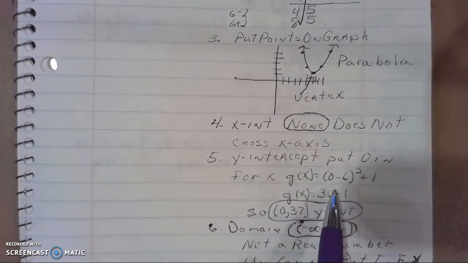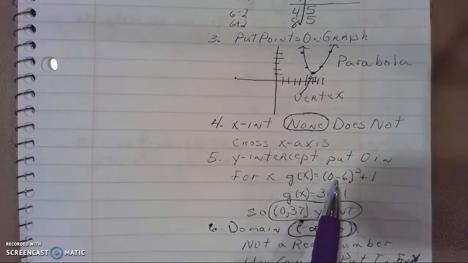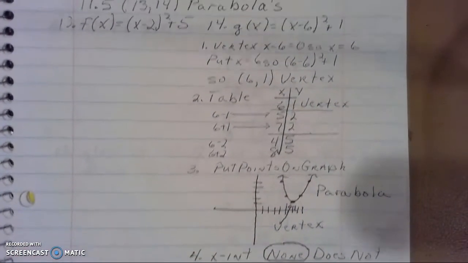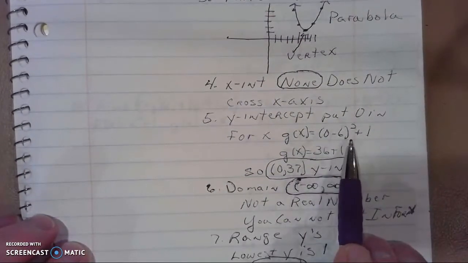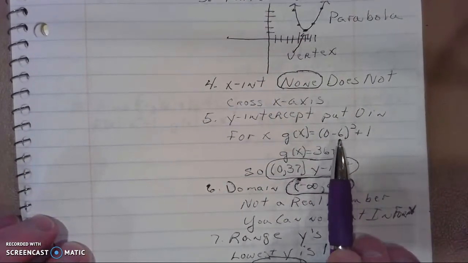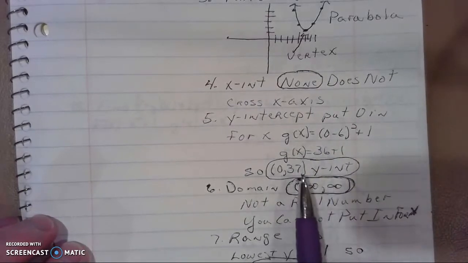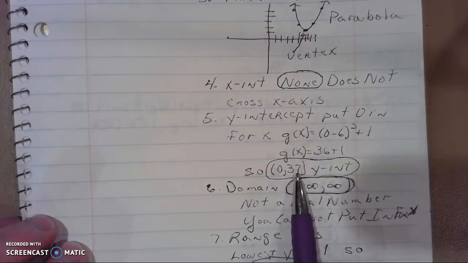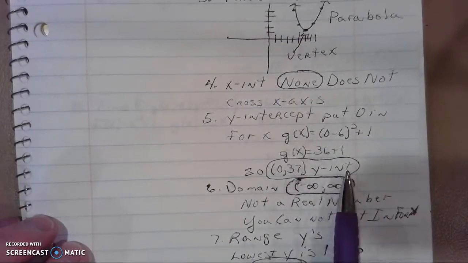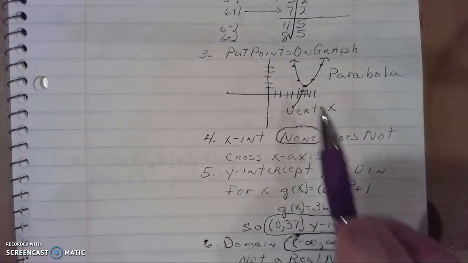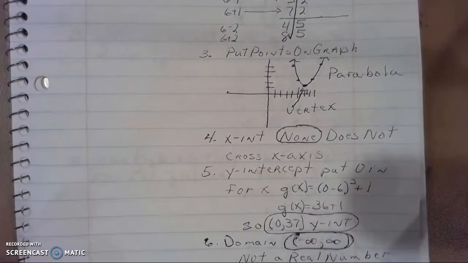To find a y-intercept, you put 0 back in the original equation for the x. 0 minus 6 squared, that's -6 squared, is 36 plus 1, that's 37. So 0, 37 is your y-intercept. And we know it's there, but we won't graph all the way up there.